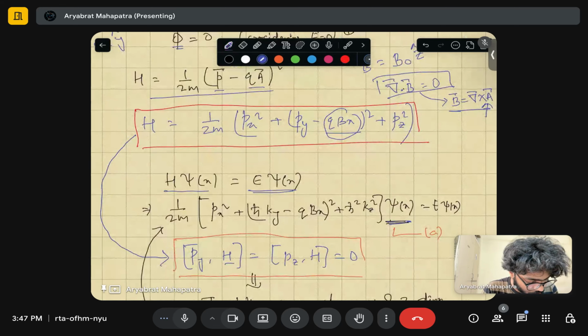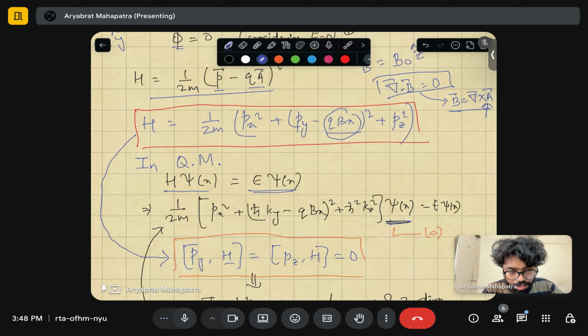You are looking at a quantum particle in some external magnetic field. For that system you have to define a state, and to define a state you have to use the Schrodinger equation.